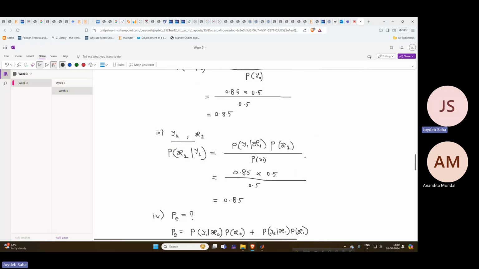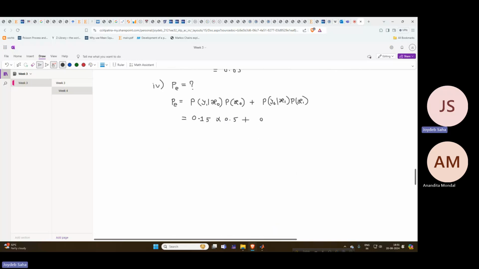PD is 0.15 again, into P of x1 is 0.5. So it will be ultimately 0.15.